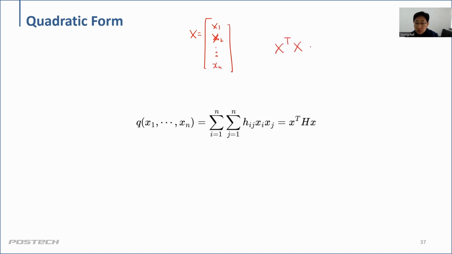And this one is an inner product. I hope that all of you are by now familiar with the 2-norm squared, the inner product, and X transpose times X, which all represent the same thing.